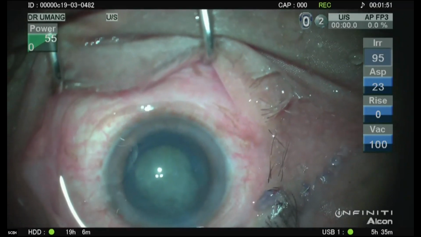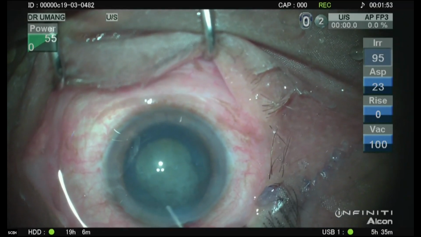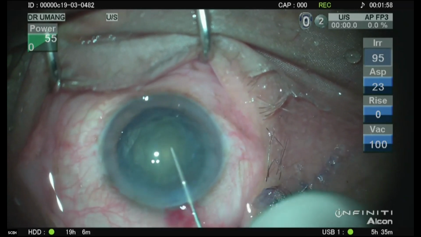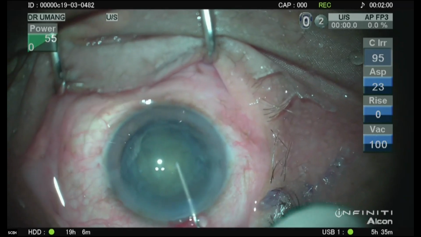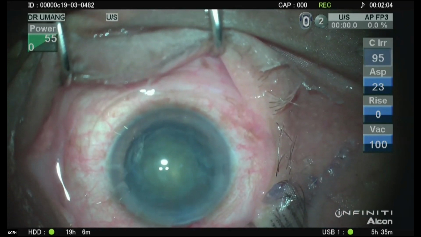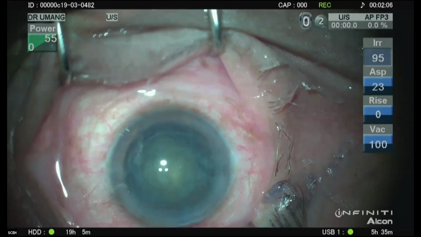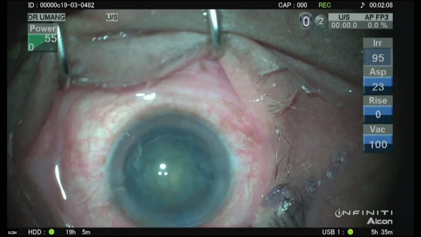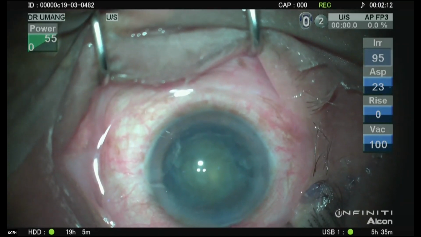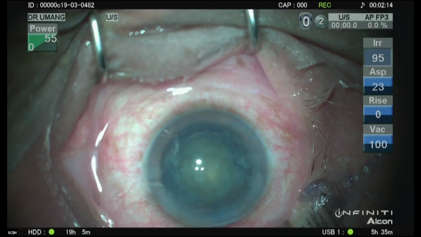At this point, I like to coat the endothelium, and the preferred viscoelastic would be a dispersive viscoelastic. This is the DuoVis, which gives both space as well as protection. Sometimes you may not get a very good wave, and you may not be totally happy with your hydrodissection.